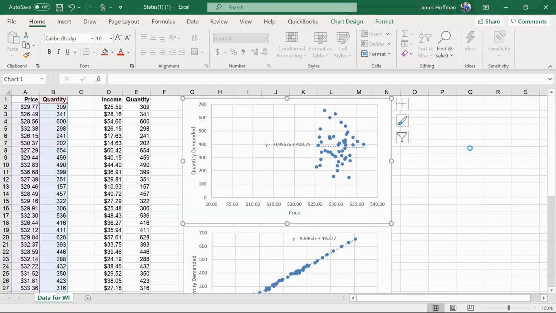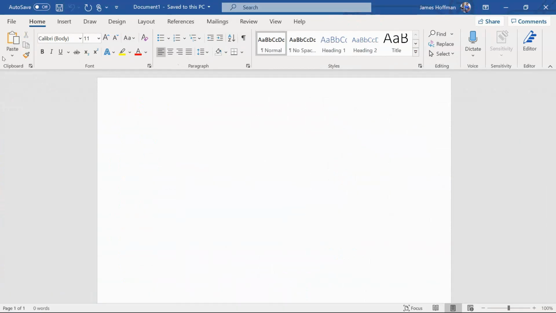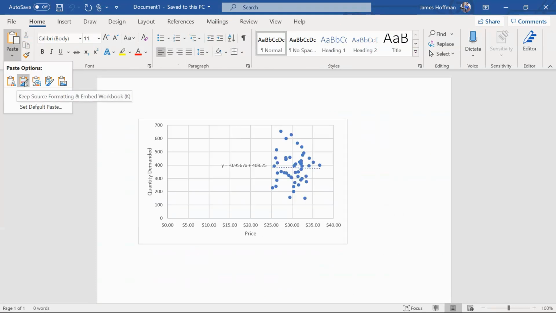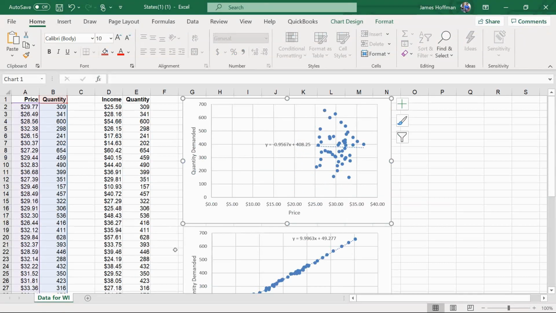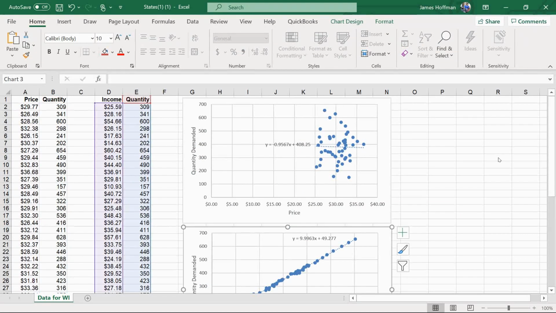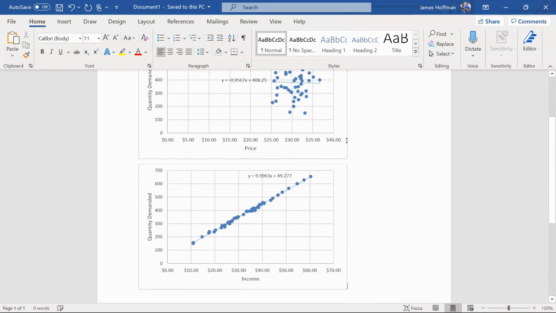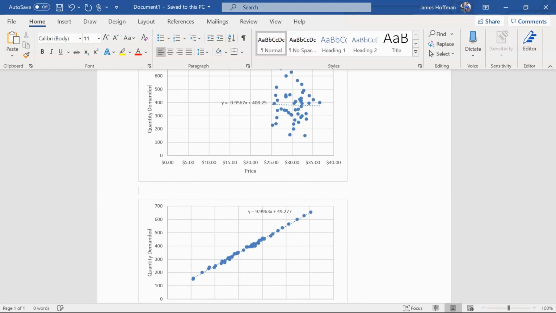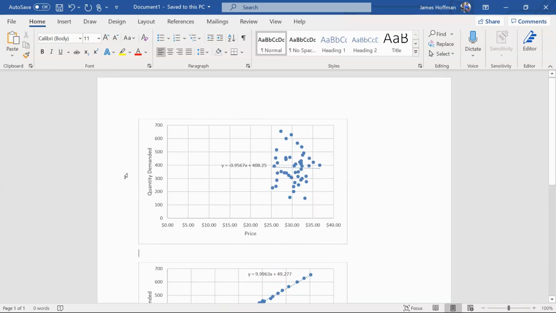Just Control C. And then if you go to paste and just choose that option, the keep source formatting, and you can paste the other one. All right, and then just interpret what the equation means using the appropriate variables.